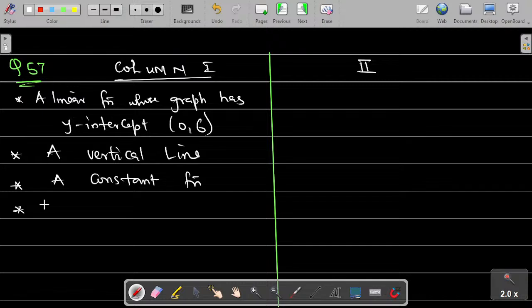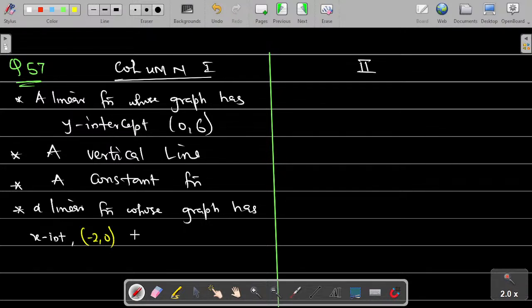And then the next we have there is, okay, where is it? A linear function whose graph has x-intercept. Let me abbreviate this one because of space. X-intercept as minus 2. Let me use yellow here. Minus 2 and 0.